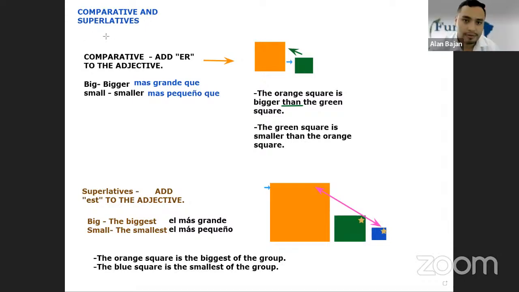Thank you. All right. So knowing that, this was only a review of what is a comparative and superlative, we will study their rules. So let's start with some vocabulary. First rule.